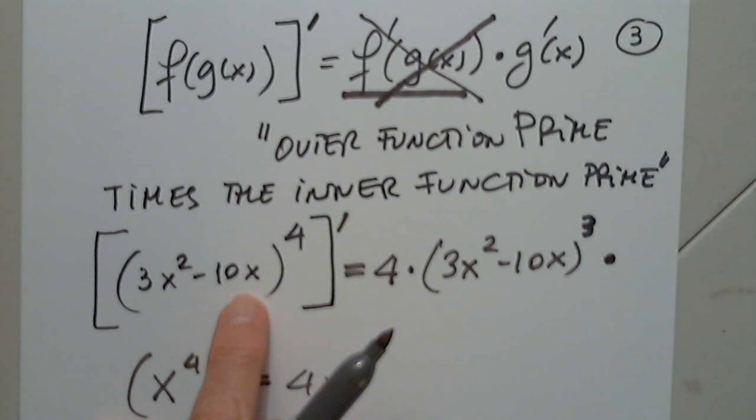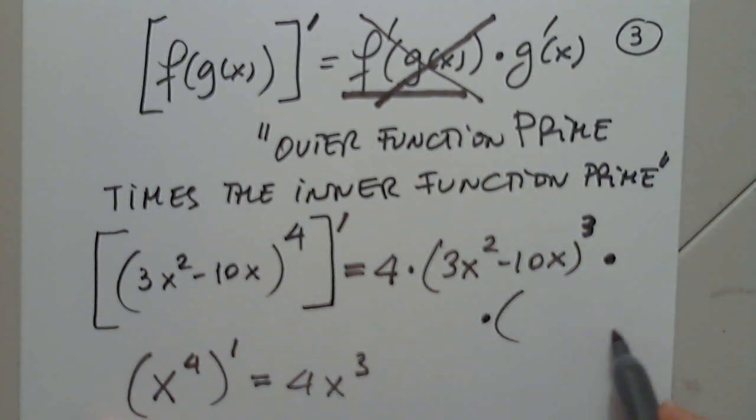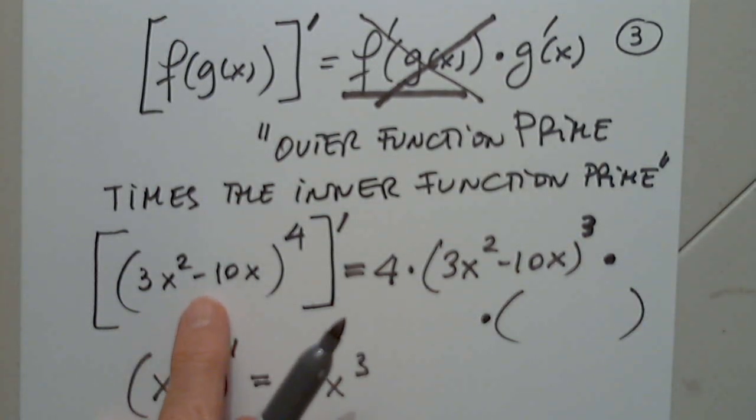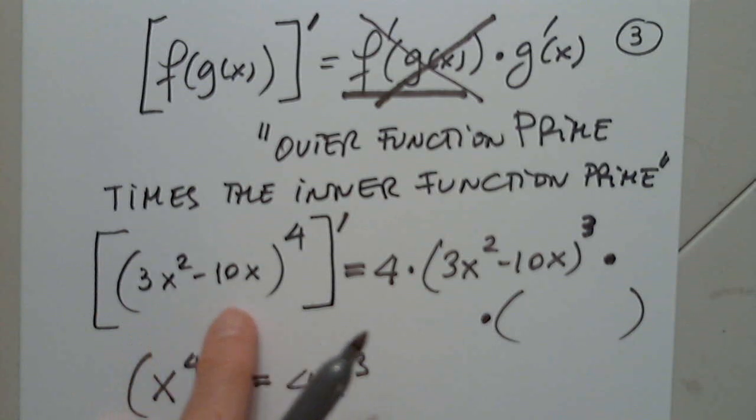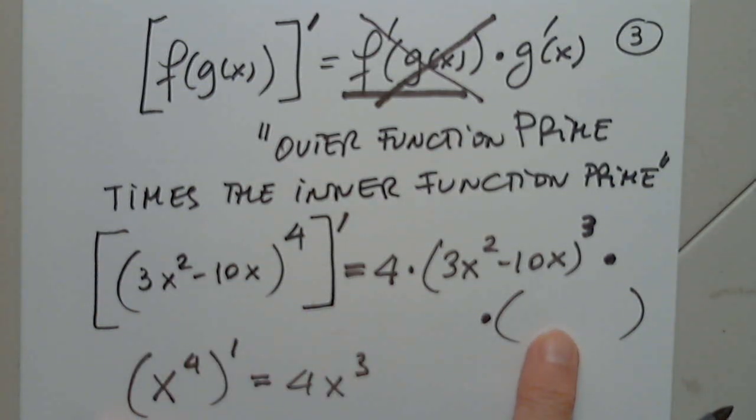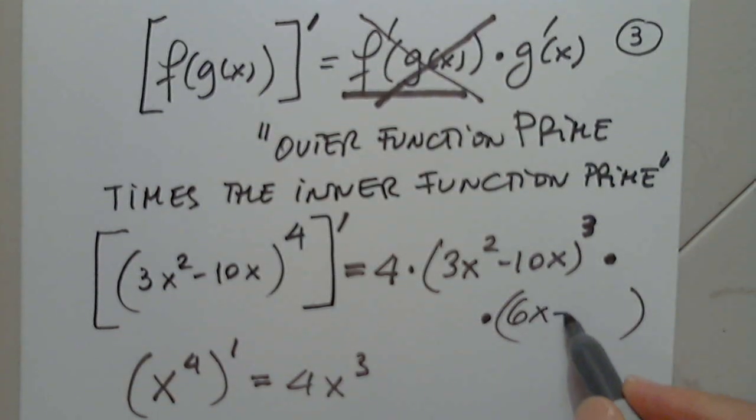Please differentiate the inner function. And I will put it here. We know how to differentiate. Everybody knows how to differentiate this. 6x minus 10. Thank you. This is it.